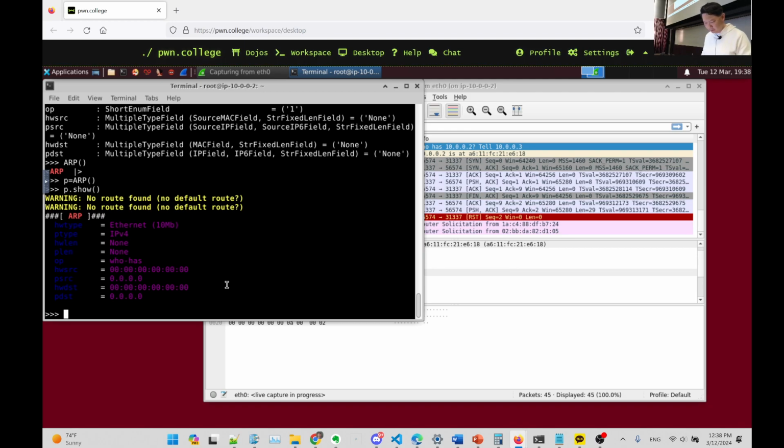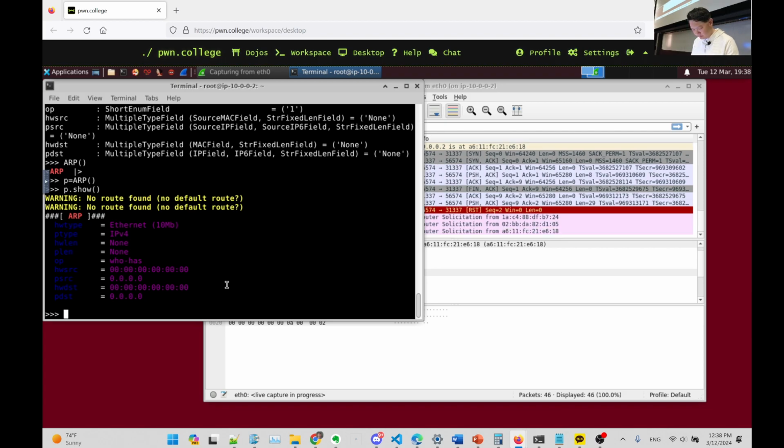So how can we make the Ethernet packet? We need to import first, and okay, my MAC address. How can we get this MAC address?